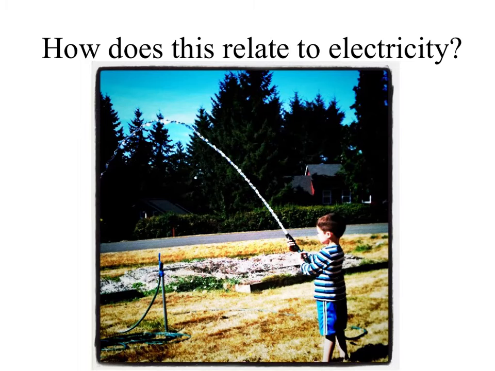So if I look at this picture, how many people have ever played with the hose when you're little? Everybody, right? Oh my gosh, I still play with the hose all the time today because my dogs love to play with water. Okay? So relate this to electricity. Water flows. The electrons are the water.